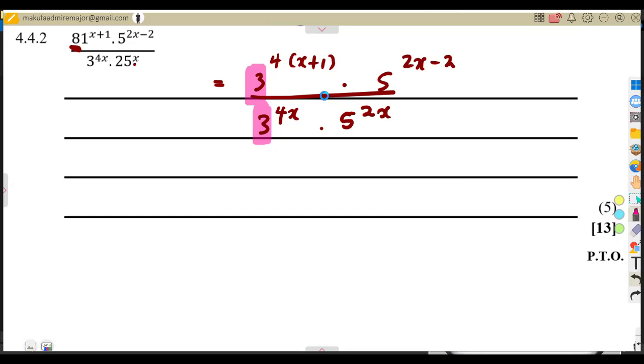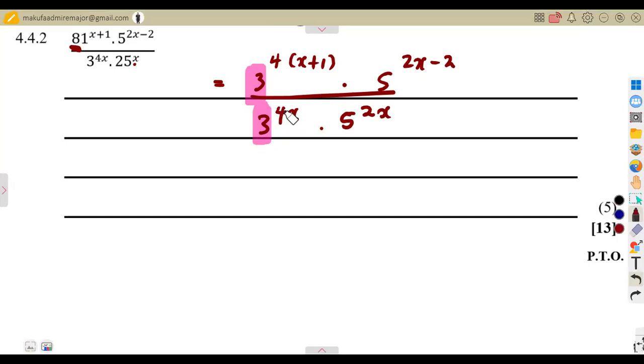You're going to subtract the exponents. Sorry for that. So this is going to be, actually you can combine this part here, multiply at the same time. That is going to be 3 to the exponent 4 times x, that is 4x, 4 times 1, which is a 4. But subtract this exponent of the denominator, which is the 4x.